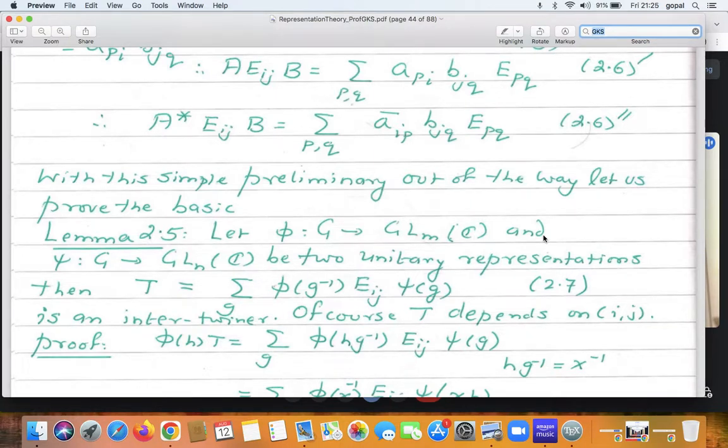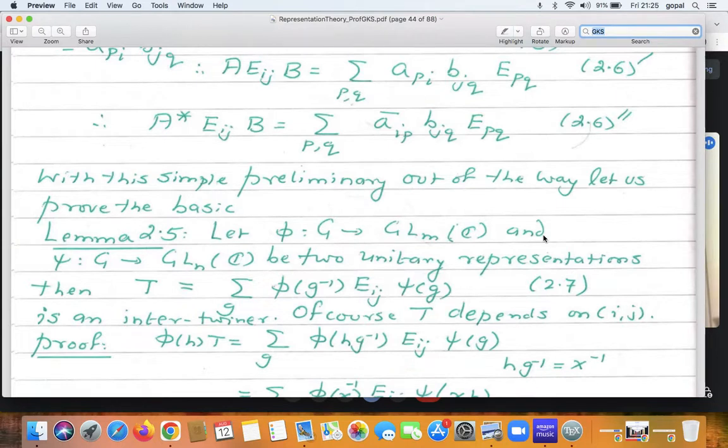I'm fixing the i and j and I'm summing over the elements of the group. Equation 2.7, the operator of course will depend on ij. The matrix T will depend on ij. I'm suppressing the dependence on ij for now. That's an intertwining operator. Okay, let us check that it intertwines.